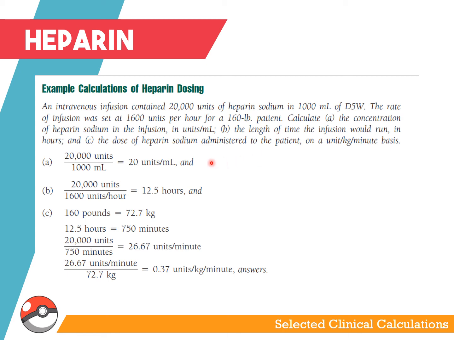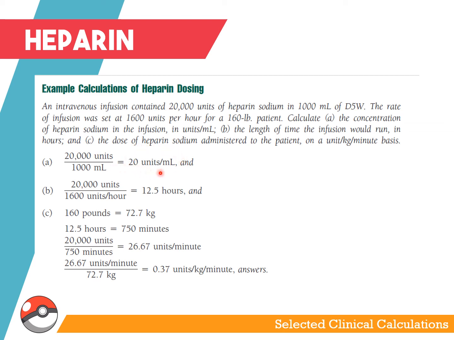So what given should we use? Of course, we should use the total number of units, which is 20,000, and the volume of the infusion, which is 1,000 ml. So we simply divide 20,000 by 1,000 to arrive at units per ml. So 20,000 divided by 1,000 is 20 units per ml.